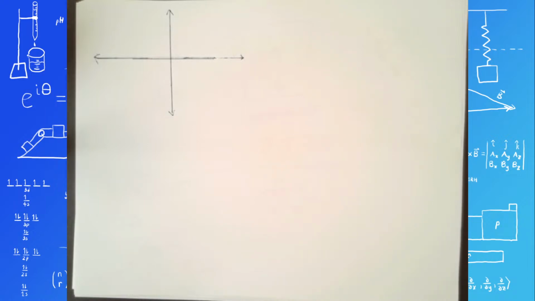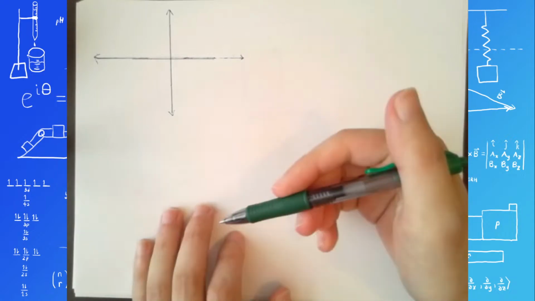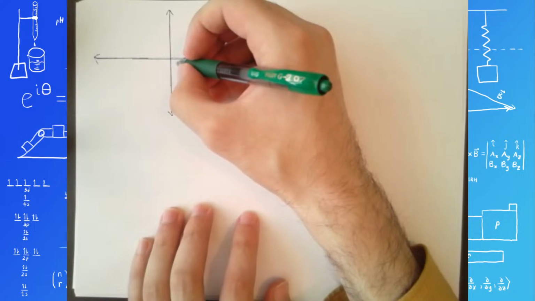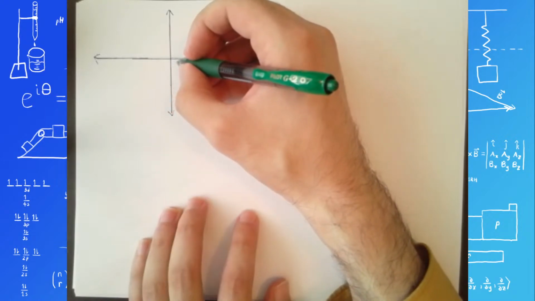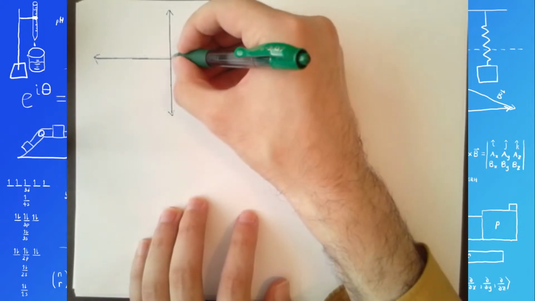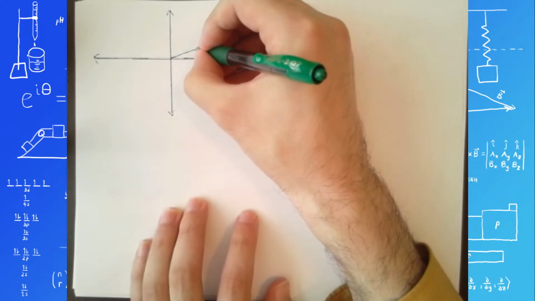So our diagram has a green vector. I think I have all these colors among my pens. Yes, I do. Perfect. So my green vector is 38 in magnitude, and then it's at a 19-degree angle.